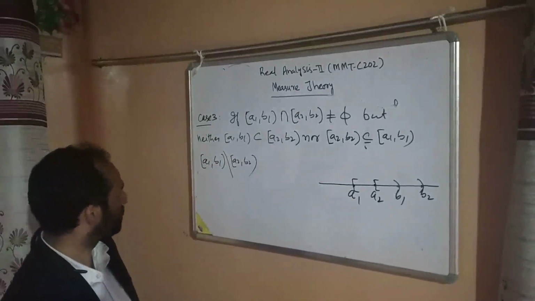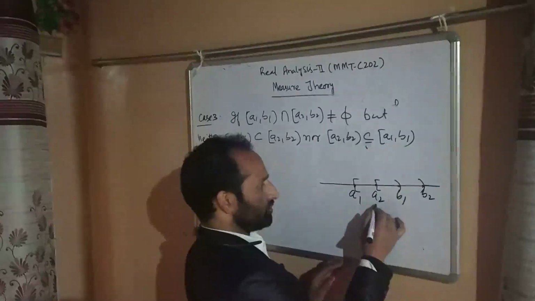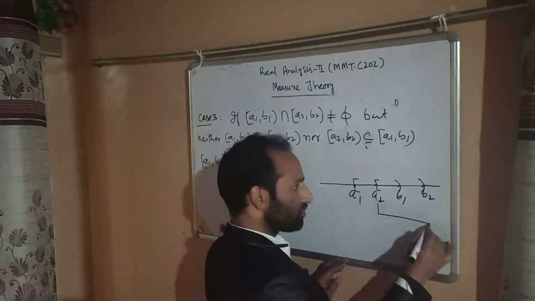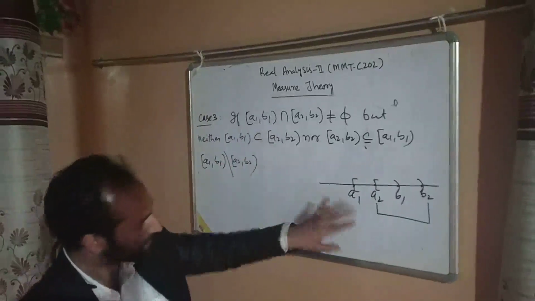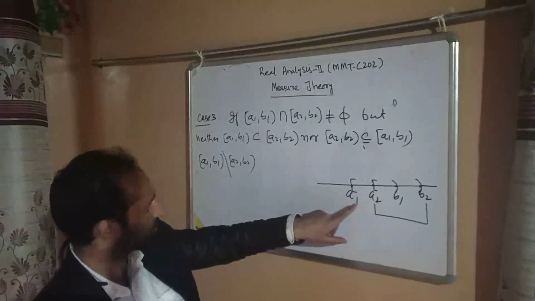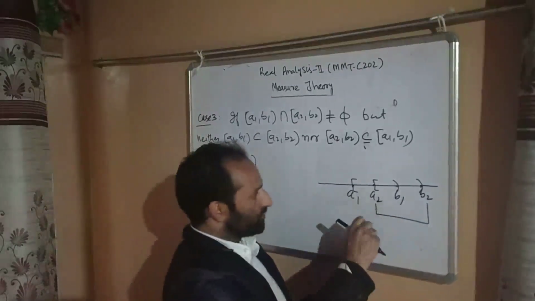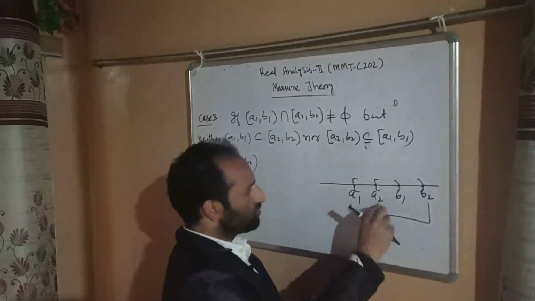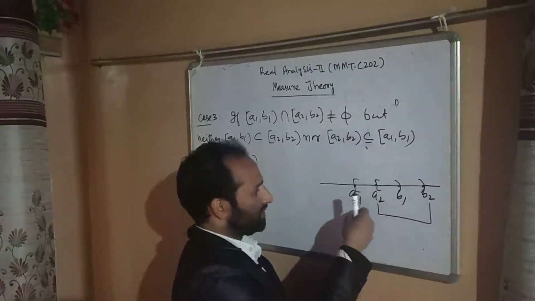So we have to remove A2 B2 from A1 B1. That's the point here. So how do we remove this? If we remove A2 B2 from A1 B1, what will be the remaining portion?